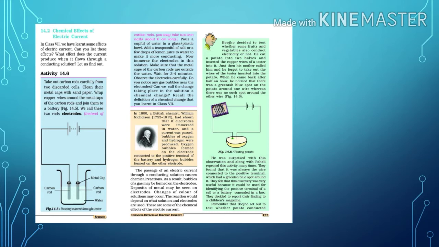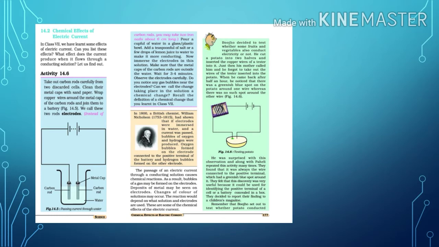First of all, what is the chemical effect? It occurs when the electric current passes through a conducting solution. Just see the diagram of activity 14.6 given here.